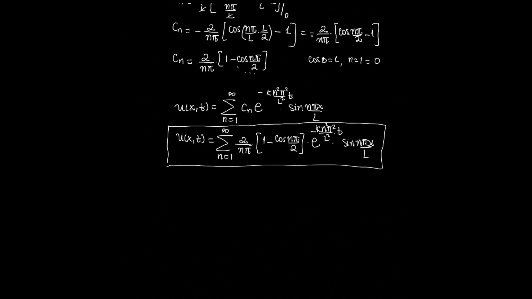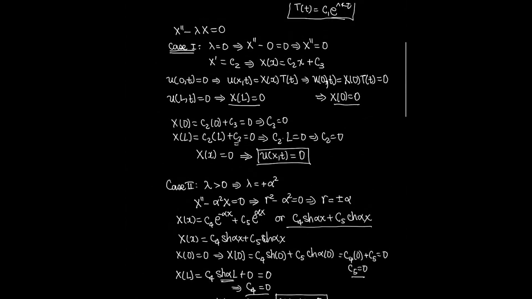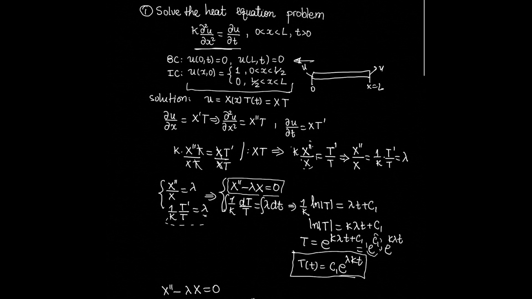And we just applied separation of variables directly because, as you can see, the boundary conditions are both 0. Here and here, 0. If they are not 0, you cannot apply separation of variables first. You have to do something that we're going to see later in the next videos.